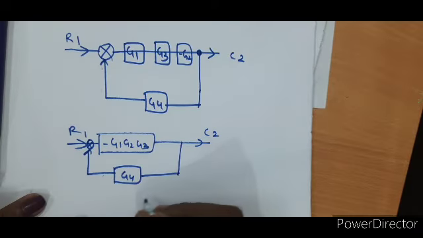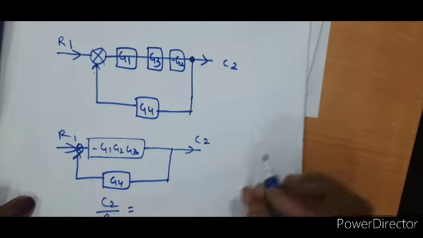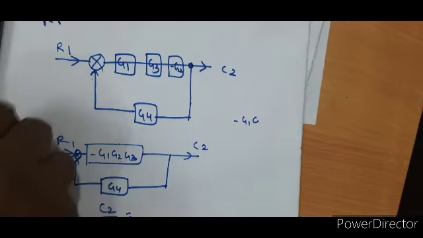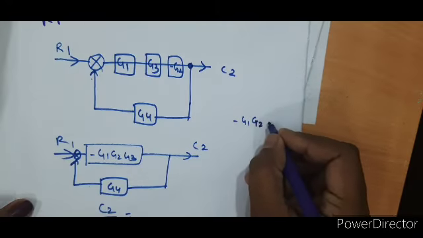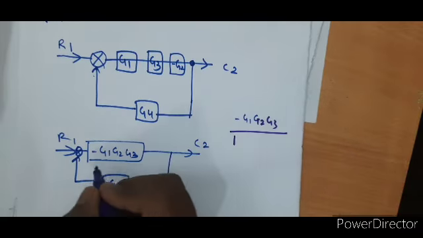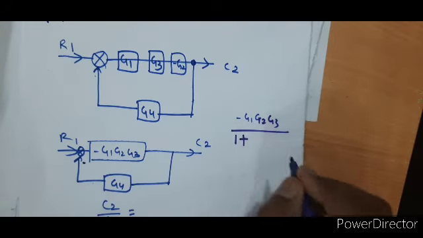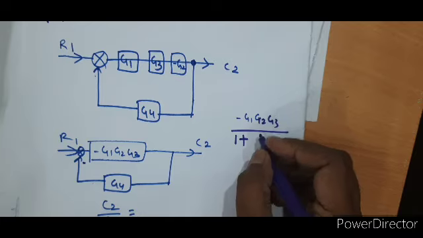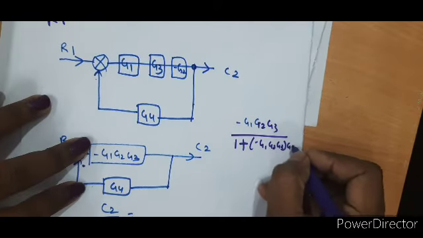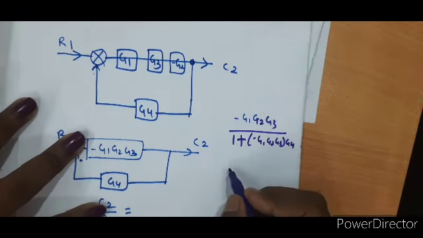So what will be the transfer function? C2 by R1 is equal to G over 1 minus GH. My G is minus G1, G2, G3, divided by 1. Minus sign is here, so it is plus, minus G1, G2, G3 into G4. So what do I get?